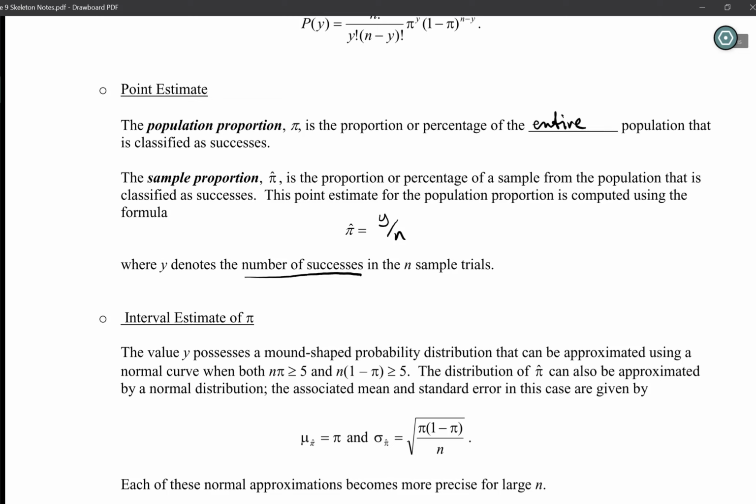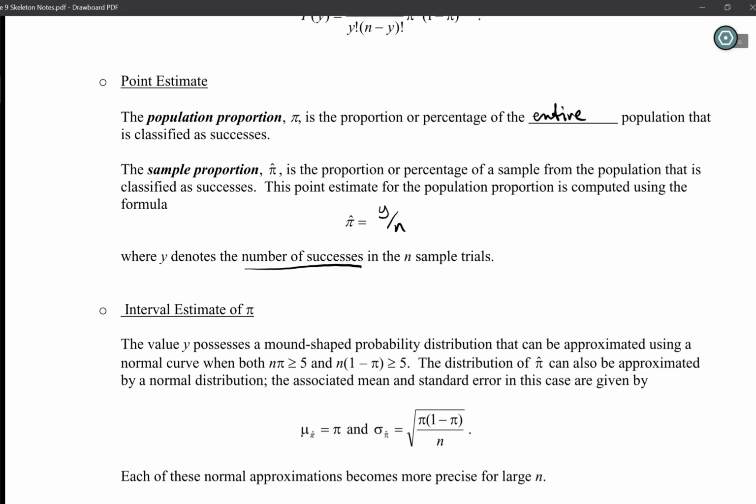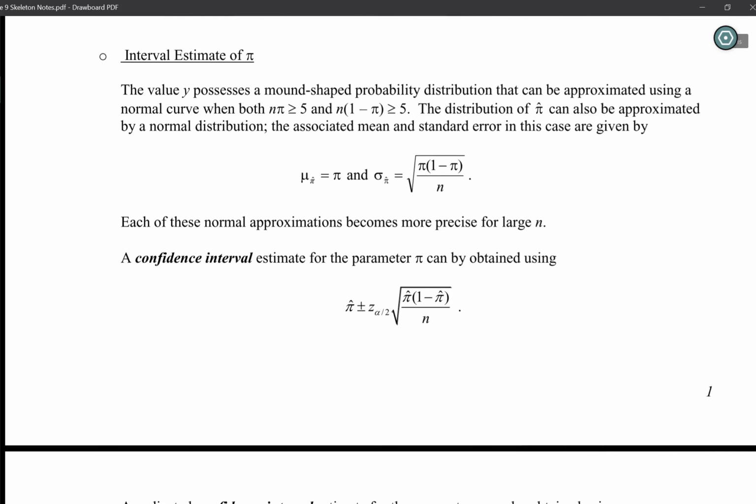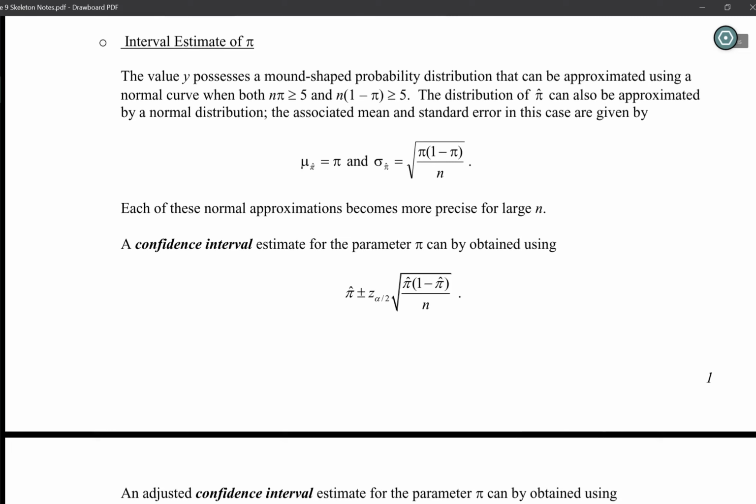This is a point estimate for pi, and we have talked at length about how point estimates are too rigid. They don't reflect sampling variability, and we need a more sure technique to do inference on an unknown population parameter. So we're going to look at an interval estimate of pi, a confidence interval here.